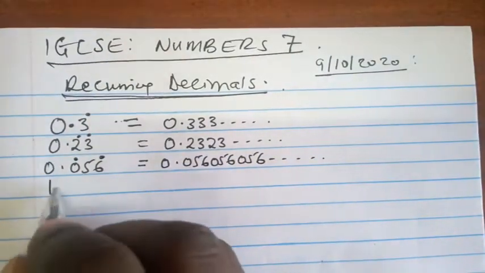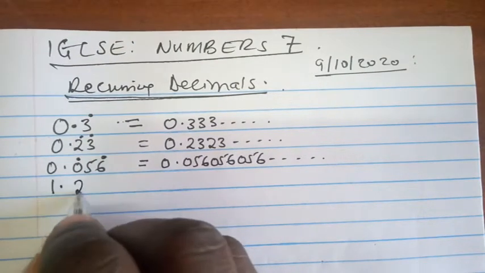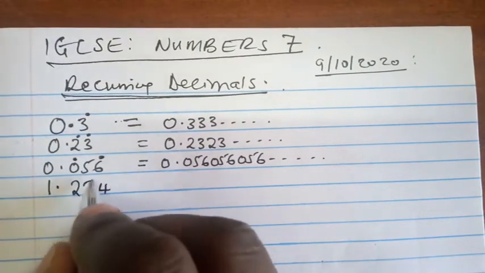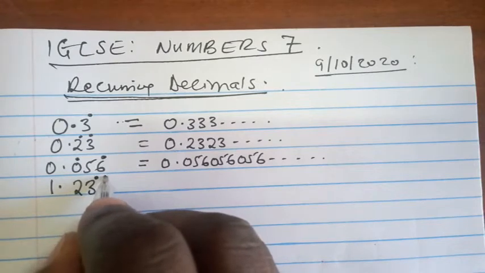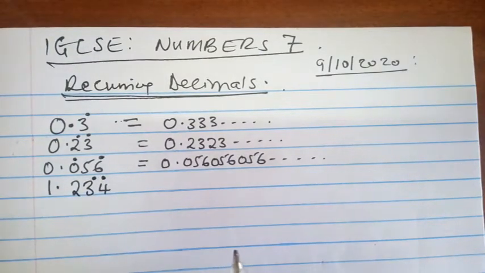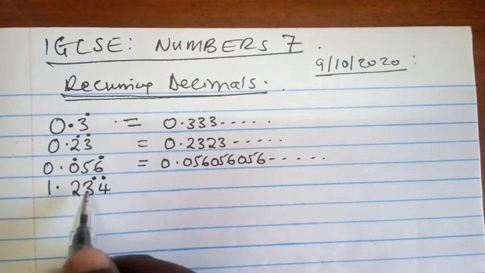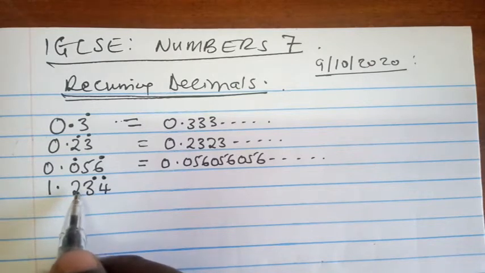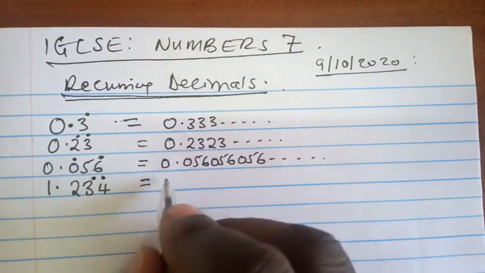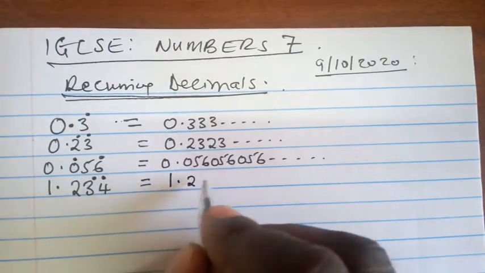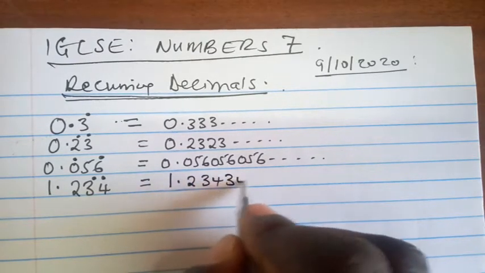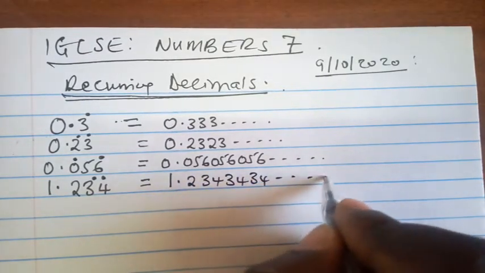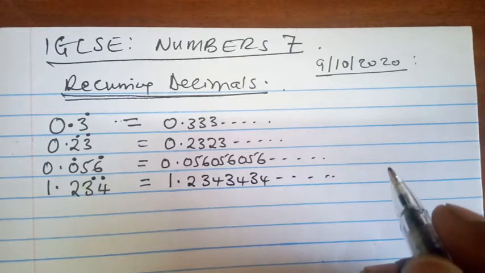If you have something to do with 1.234 and then you have these 2 dots upon 3 and upon 4, it means these are the only numbers that recur. 2 doesn't recur. So we have 1.2343434 and of course moving forward.